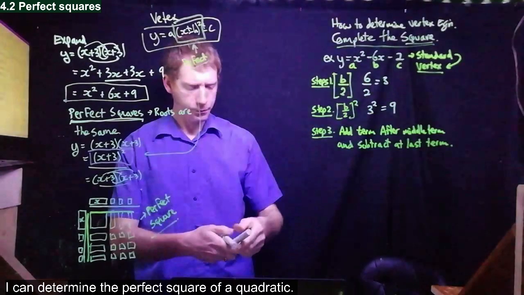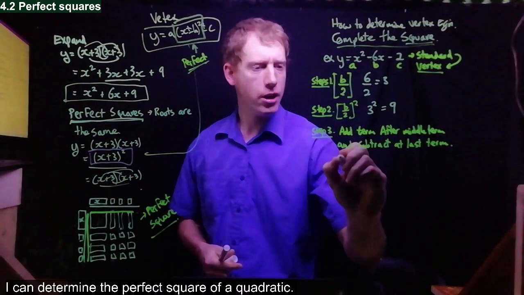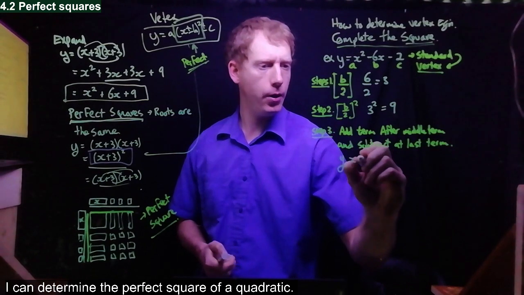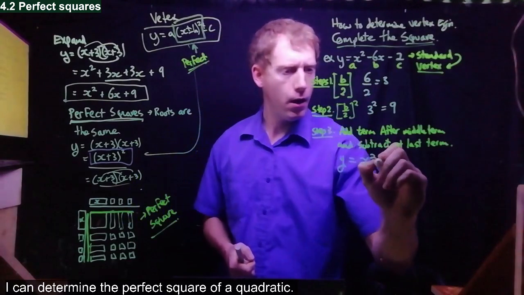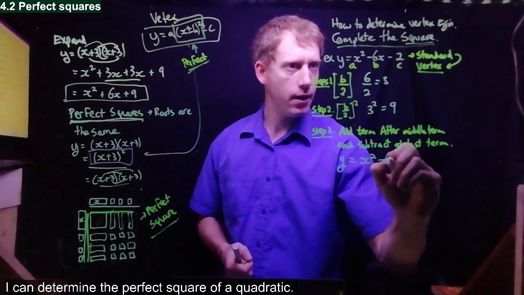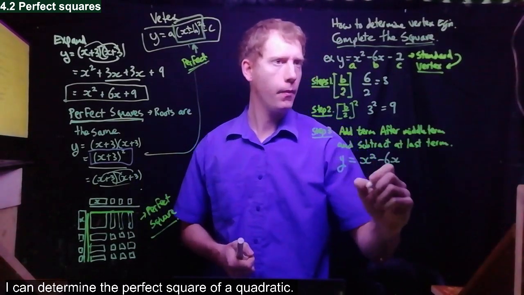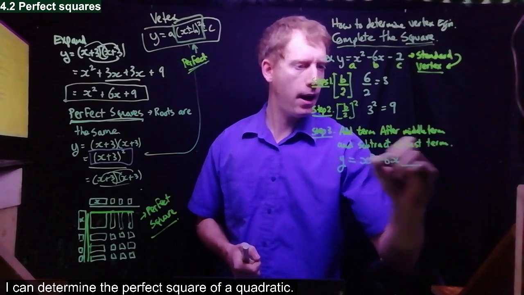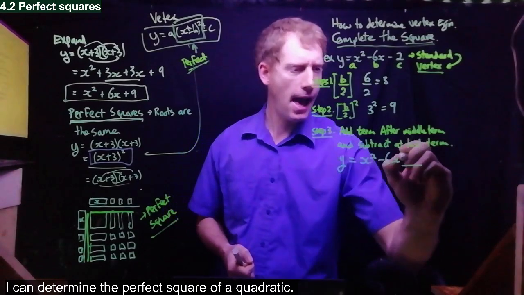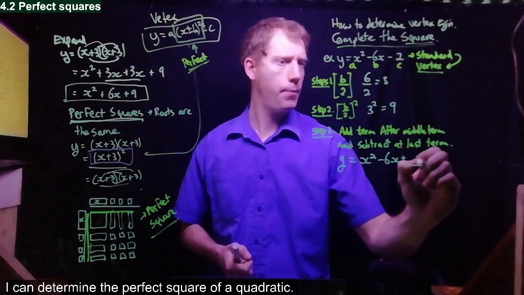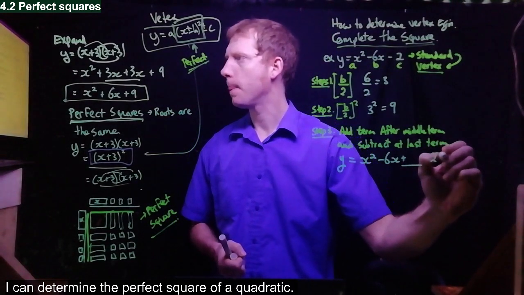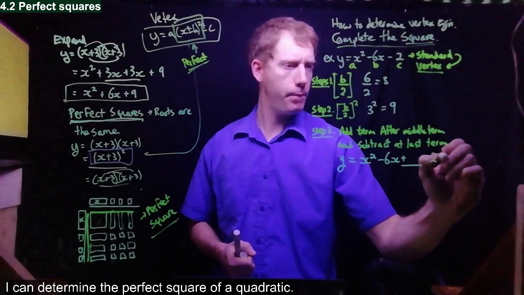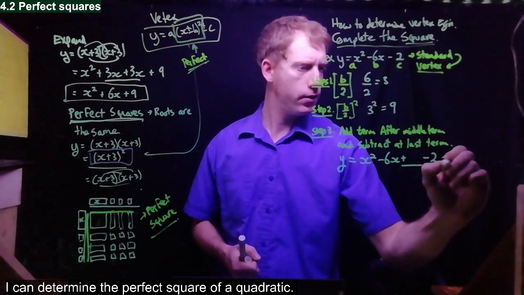So my equation is y is equal to x squared minus 6x. I'm going to add something there, and then subtract something here.